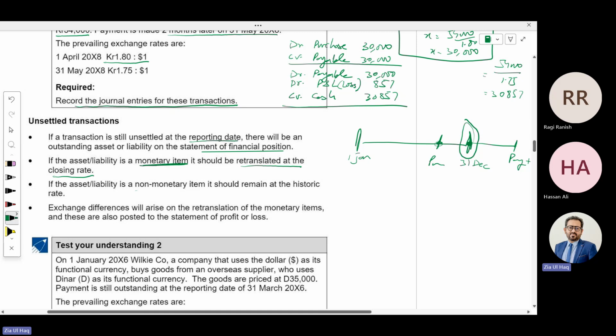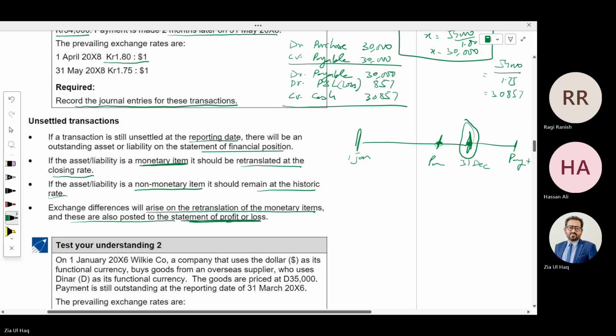If the asset or liability is a non-monetary item, such as property, plant and equipment, it should remain at the historic rate, meaning whatever the amount is here will remain the same. Inventory as well. Purchase is an inventory. Exchange differences arising on the retranslation of monetary items are also posted to the statement of profit or loss.